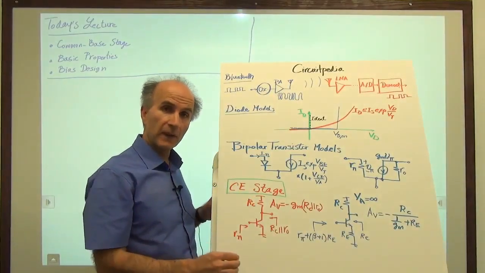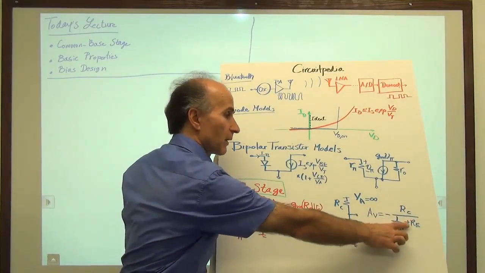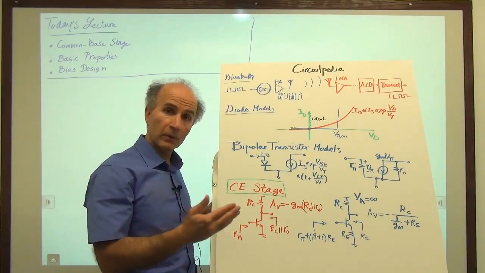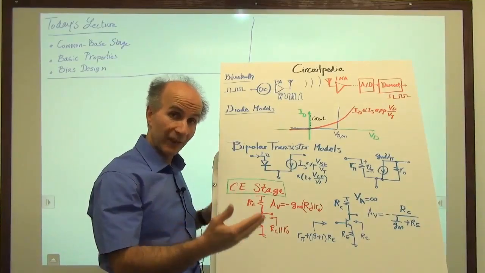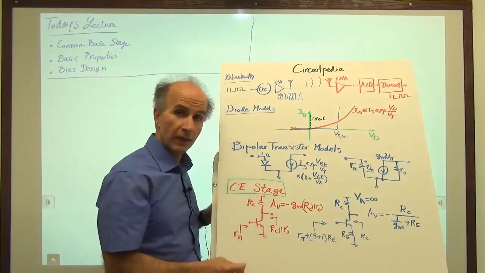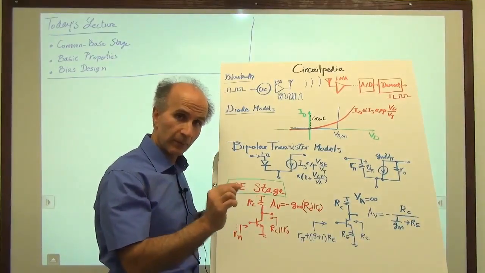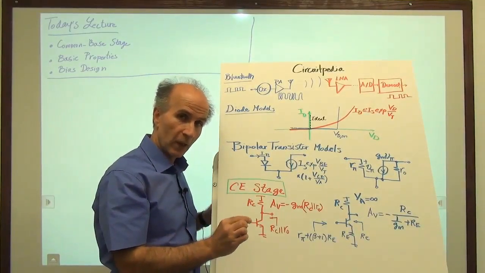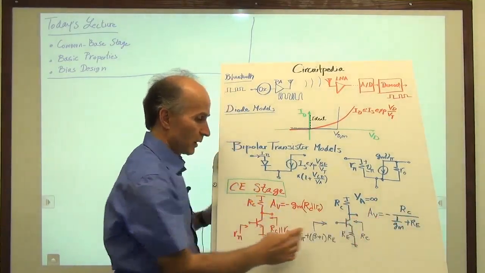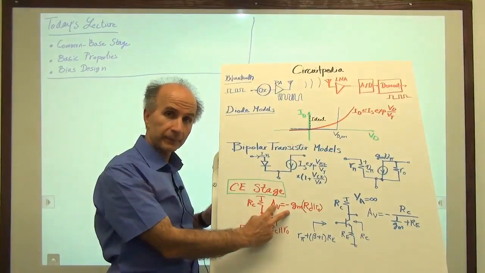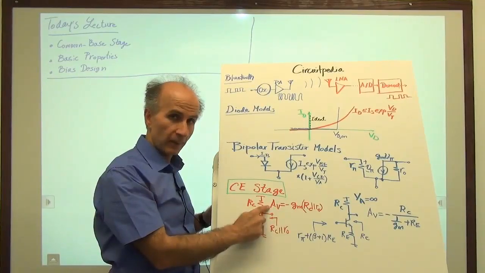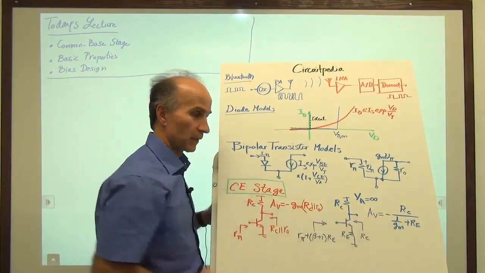In particular, we see that 1 over GM is now added to RE. So if RE is comparable to or quite greater than 1 over GM, then the variations in 1 over GM as a result of temperature and process and signal amplitude will be lesser in the overall picture than what we had here. Here, if IC changes by 10%, the gain changes by 10%, whereas that is not the case here.